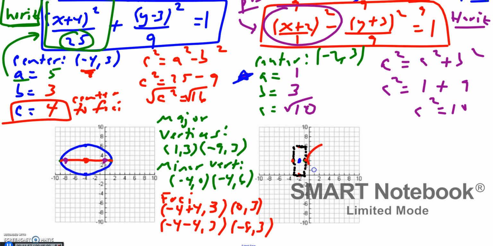So we would draw our shape like this, and we would draw a shape like this. In terms of identification, the vertices would be these 2 points, because the graph doesn't exist there. So it would be here and here. That would be at -1, 3, and the other one would be at -5, 3.